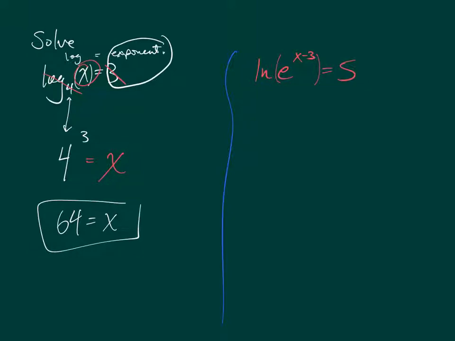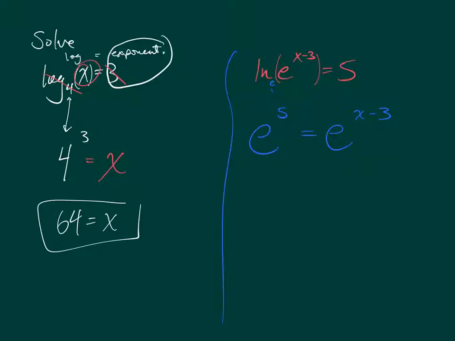And that's fine, you just have to remember that natural log has a base e. So how do you write this in exponential form? Well, you take the base of the log, e. You'll remember that the log is always equal to the exponent, so e to the 5th equals the argument of the log, e to the x minus 3.